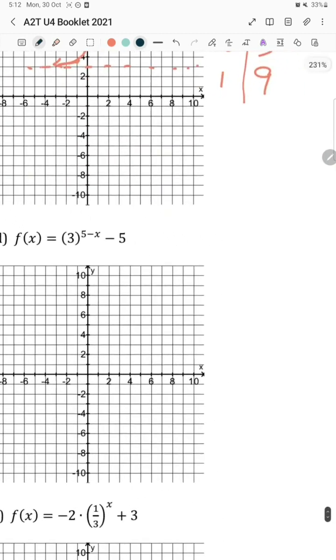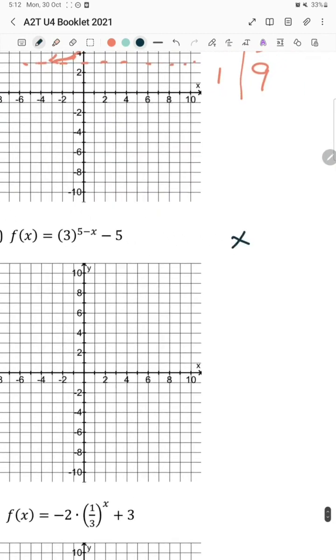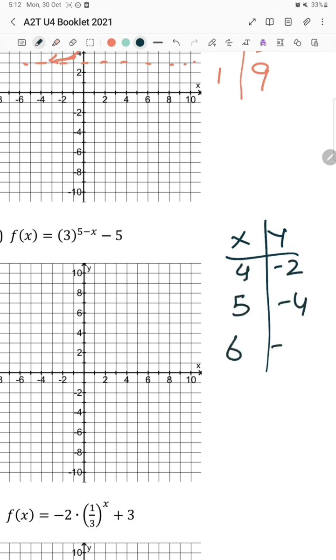Okay. For 4 it's going to be minus 2. So the graph is moving in this way, trying to approach 5, so this is the asymptote.